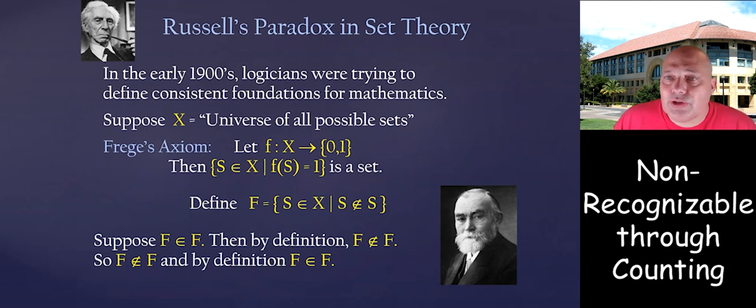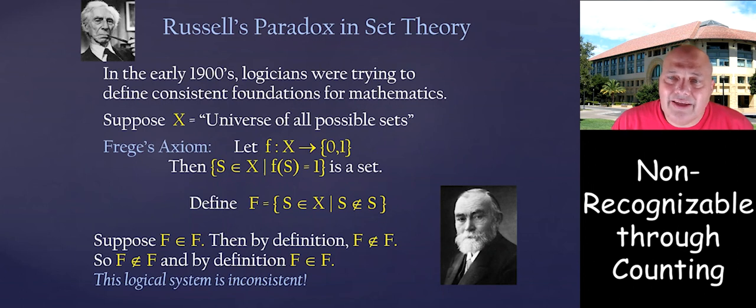And now we will reach a contradiction like we did before. Suppose F is in F, then by definition F is not in F. And so if F is not in F, then by definition F is in F. And this is a contradiction. So this logical system is inconsistent.